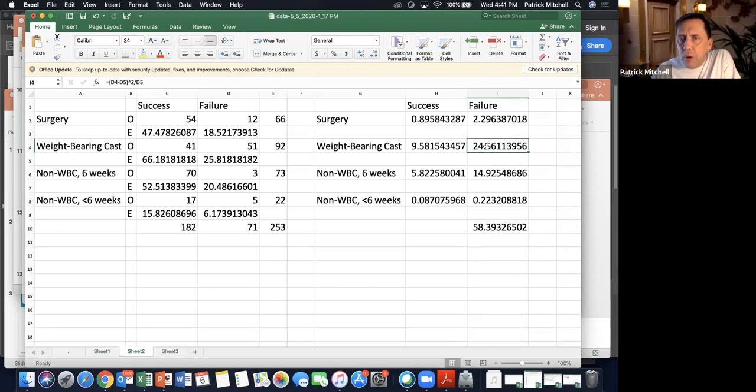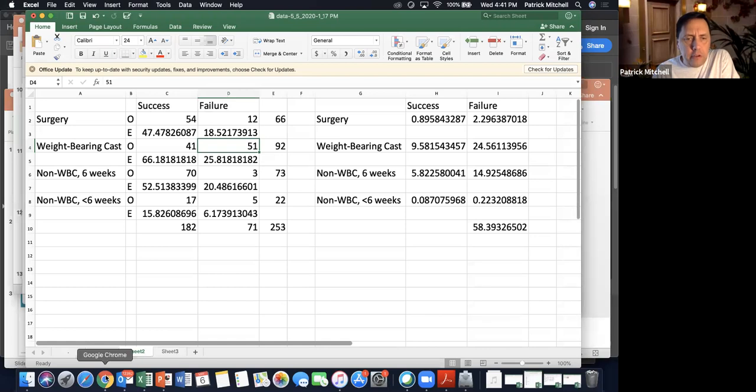For example, I'm noticing here this 24.56 really accounts for almost half of the value of the total. So there was really a huge discrepancy between the observed 51 failures among people who were wearing weight-bearing casts versus the 25.8 that I would have expected if the type of treatment had no effect on the chances for success. So I just wanted to point that out to you.